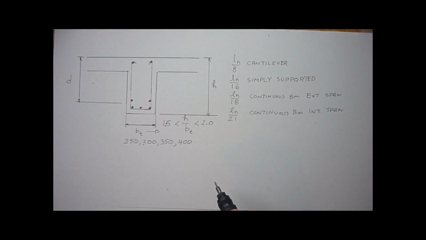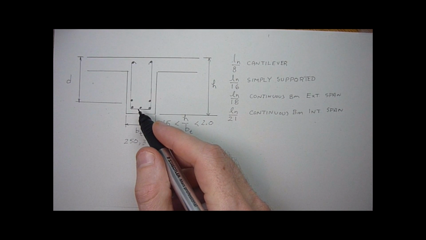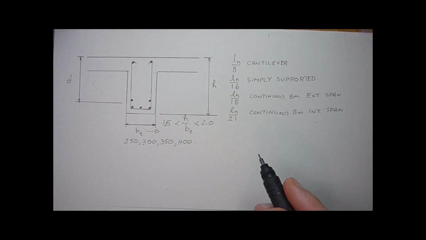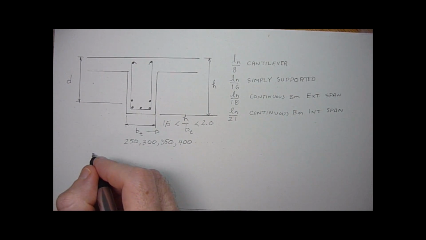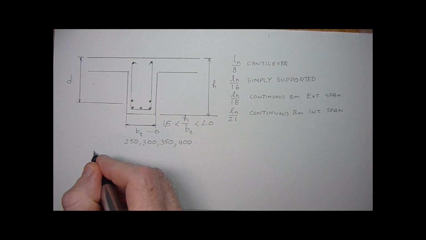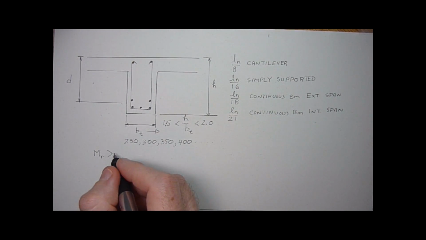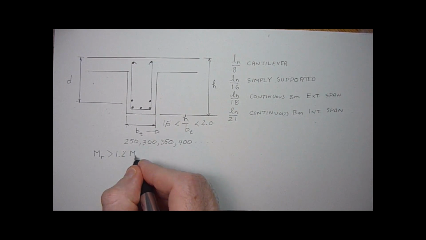And then once you have that, you can start thinking about areas of steel. The code does give criteria for minimum areas of steel. What they say is that the moment resistance, MR, has to be greater than 1.2 times the cracking moment.